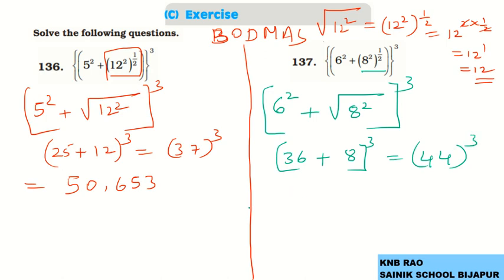And what is the 44 cube? It is 85,184. So that's it. Even Kirtan has asked me this doubt, and I am giving you the answer through this video.